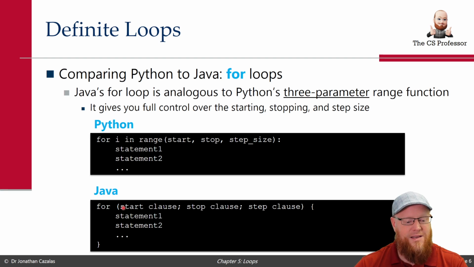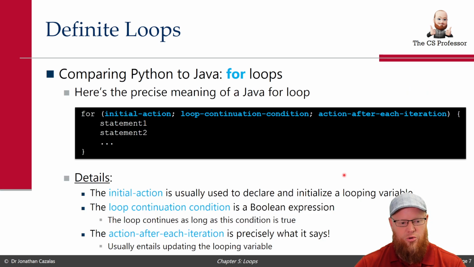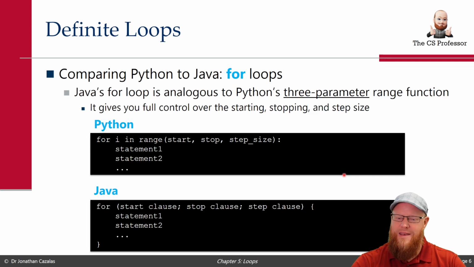That would be analogous in Java for, and notice we have 3 parts in here. We have the start clause, the stop clause, and then the step clause. And of course, inside the loop, we then have additional statements. So they're analogous in this way: the 3-parameter range function of Python is most similar to Java's for loop.